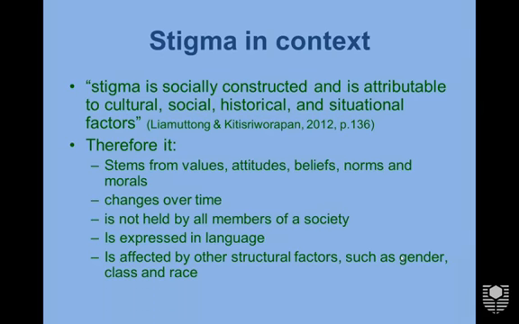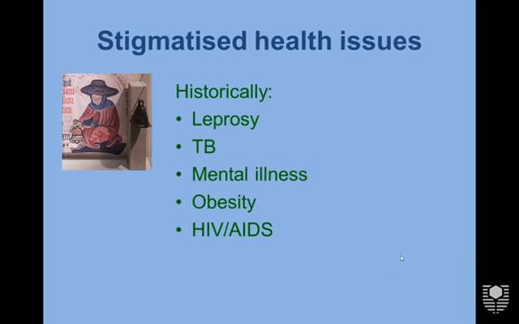And again, you may want to go back and look at the lecture on culture to talk about the fact that culture is internally diverse. It changes through time. It is related to language, and you can certainly see how we use language to reinforce or create stigma. This is the case because it stems from values, attitudes, beliefs, norms, and morals, and these are culturally informed.